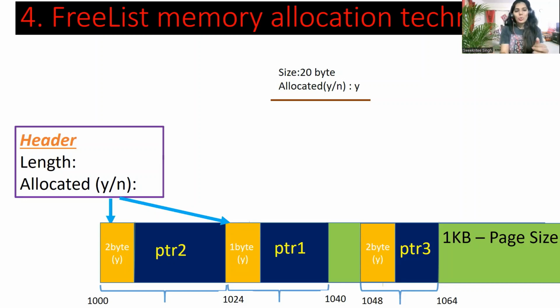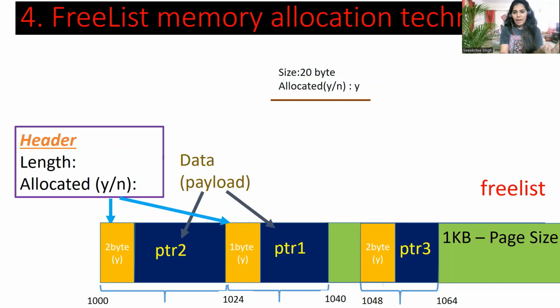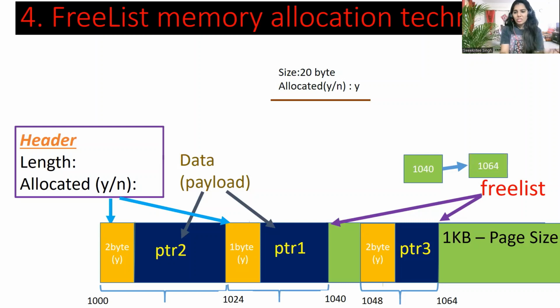Okay, so the yellow part is the header, the blue part is the data payload, and the green part is the free list, which is the memory that is currently free and can be used for subsequent allocation. So the free list is pointing to location 1040, the start of the first free location, and location 1064, which is the start of the second free location.